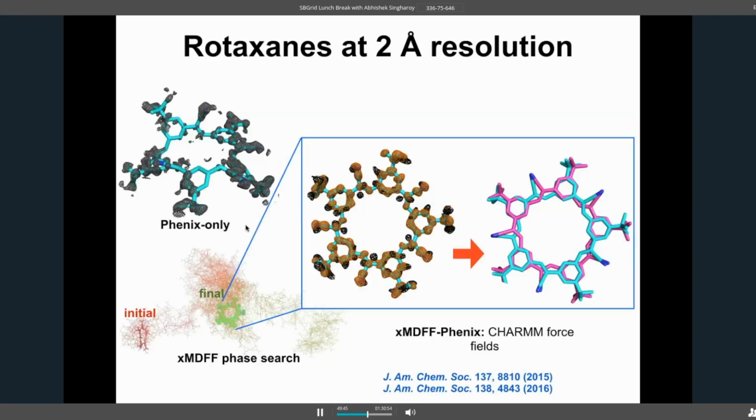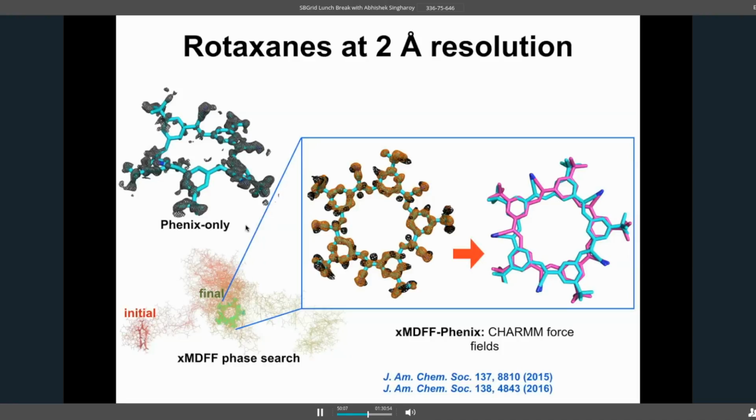So it sampled all the space to finally settle down on a structure that is the final structure shown in green. And in the zoom out, you see that it has now been able to resolve the density very nicely. And there are multiple occupancies, so you can in fact see multiple stereoisomers of the same system that were embedded within the crystallographic data.